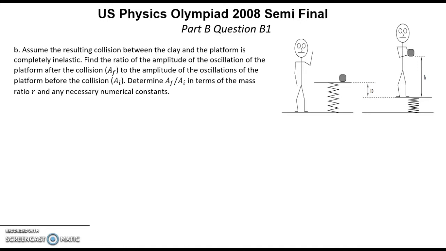First of all, we can find the new equilibrium position for the first oscillation, because this oscillation stops right on a distance d. So first of all, we can find the amplitude for the first oscillation before the collision, because if it reached the lowest point, it means that it has maximum displacement from the new equilibrium.